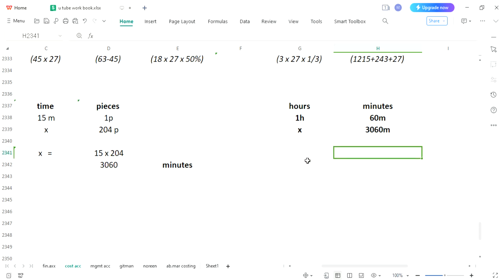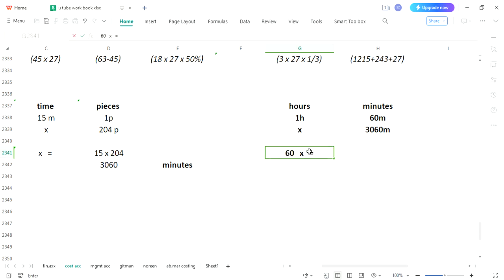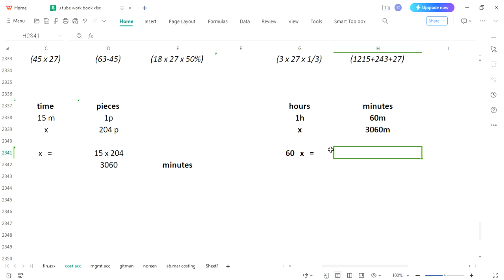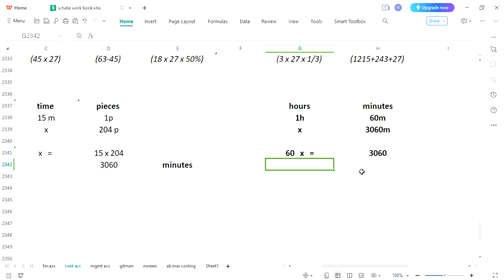We will not use our brain, simple calculations, cross multiplication. 60 would be multiplied with x, so 60x is equal to, first multiplication was 60 into x, second multiplication 3060 into 1. Now next calculation is what? 60 is multiplied over here. You want to take it to the opposite side.